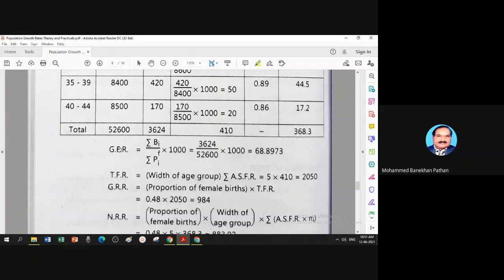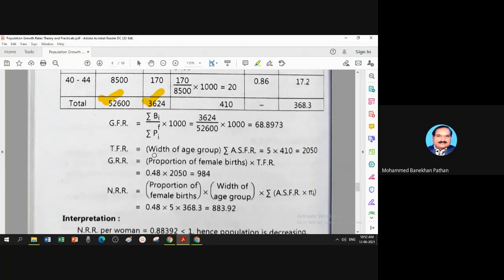GFR, general fertility rate: total birth together, male and female, divided by total female population, multiplied by 1000. This is the total birth. This is the total female population. Answer is 68.8973.